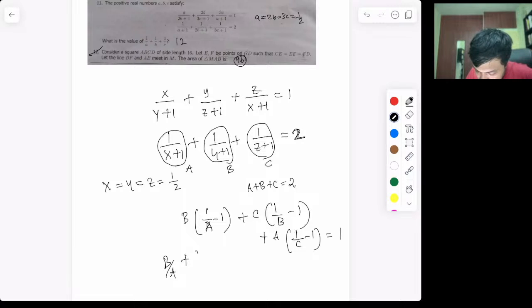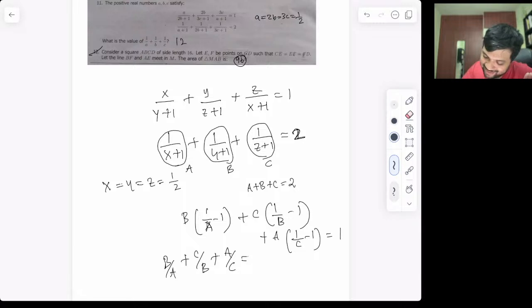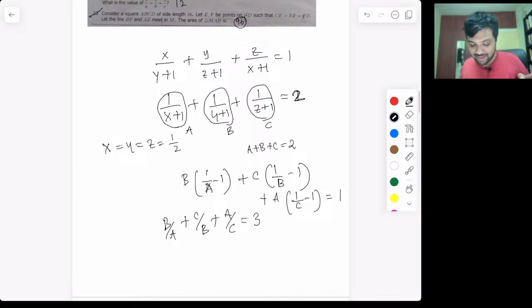c by b plus a by c is equal to 1 plus, oh, a plus b plus c, which is, wow, nice. a plus b plus c is 2, so 1 plus 2 is 3. Done, right? Done. Awesome. Brilliant. Okay, done. b by a plus c by b plus a by c is greater than or equal to 3 by AMGM.